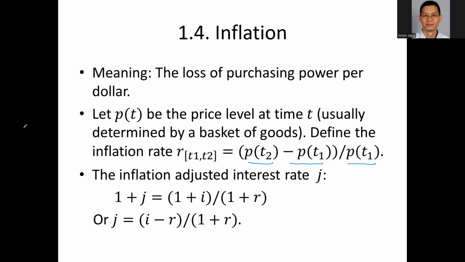And then the inflation adjusted interest rate j is 1 plus i over 1 plus r. So you're treating r sort of like a discount. It's not the discount rate, okay? It's different from the discount rate. It's kind of treating the discount factor as 1 over 1 plus r.